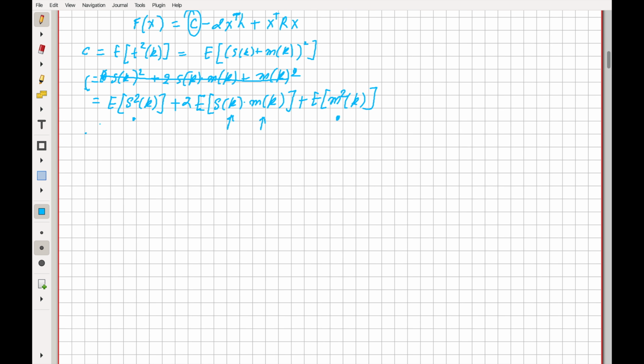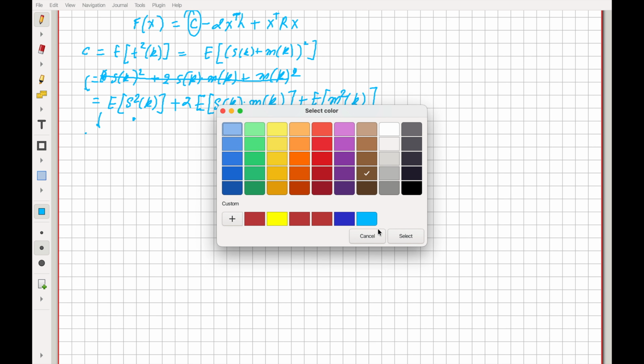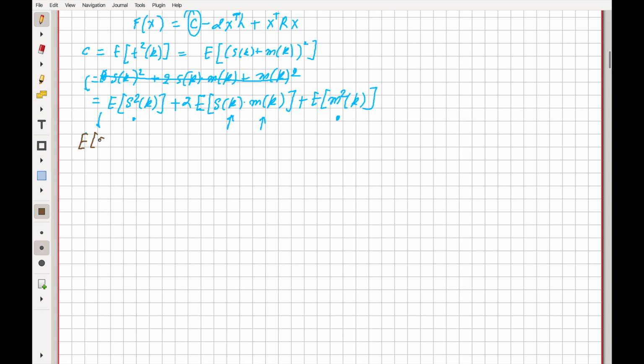Now to calculate the very first one, we calculate E of s squared k using integration. We know that the signal is uniformly distributed between minus 0.2 and plus 0.2. So the probability density function is 1 divided by 0.2 minus minus 0.2, and that is 1 divided by 0.4.